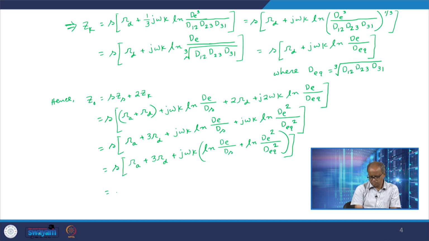So, it would be s into Ra plus 3Rd plus j omega k log dE cube, these two will be multiplied by ds into dEq square.